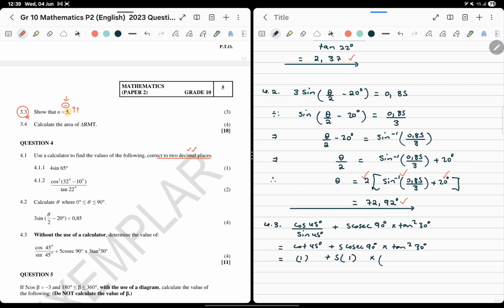Now tan of 30. So if this is 30 degrees and that is 60 degrees, this is 90. Adjacent to 30 is root 3, opposite is 1, hypotenuse is 2. So tan is opposite over adjacent, so this is 1 over square root 3 squared.